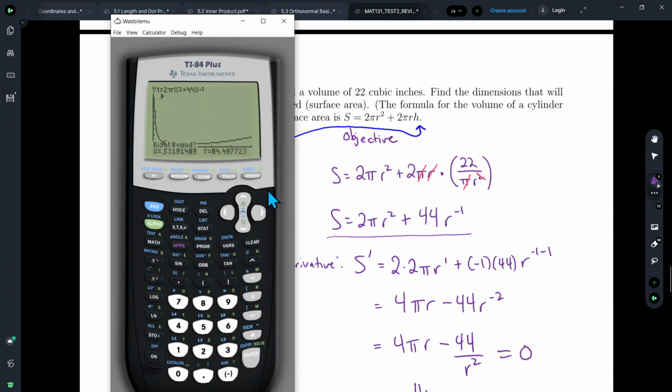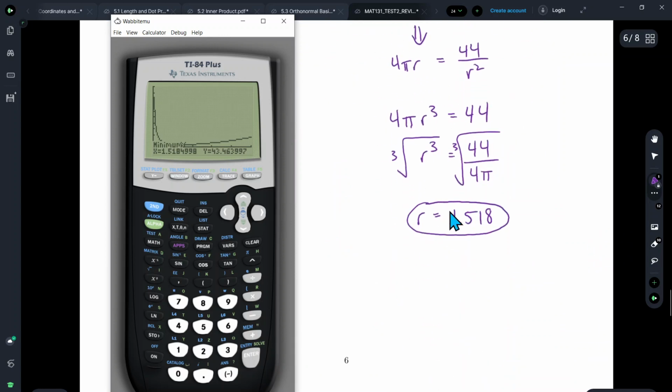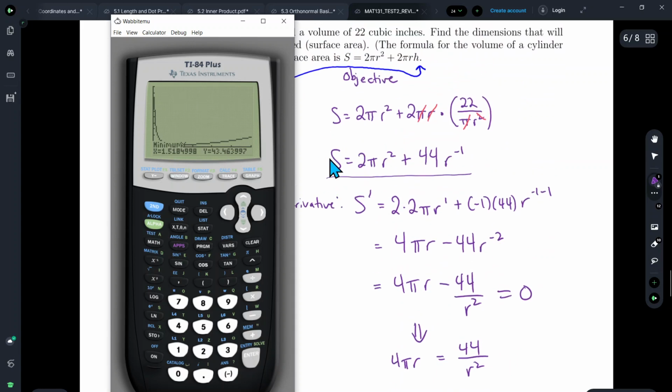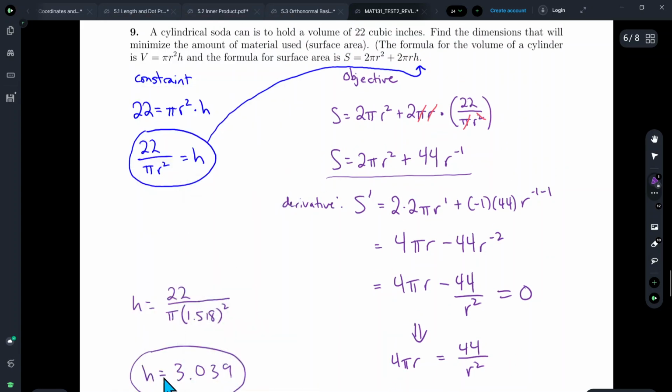So I found maybe around here. Right now, maybe around here. Then I have to guess somewhere in the middle. And so you can see here x is equal to 1.518, which is exactly what we calculated. One thing you have to be careful is the y value is the surface area and not the height. So you have to separately calculate the height this way. Okay.